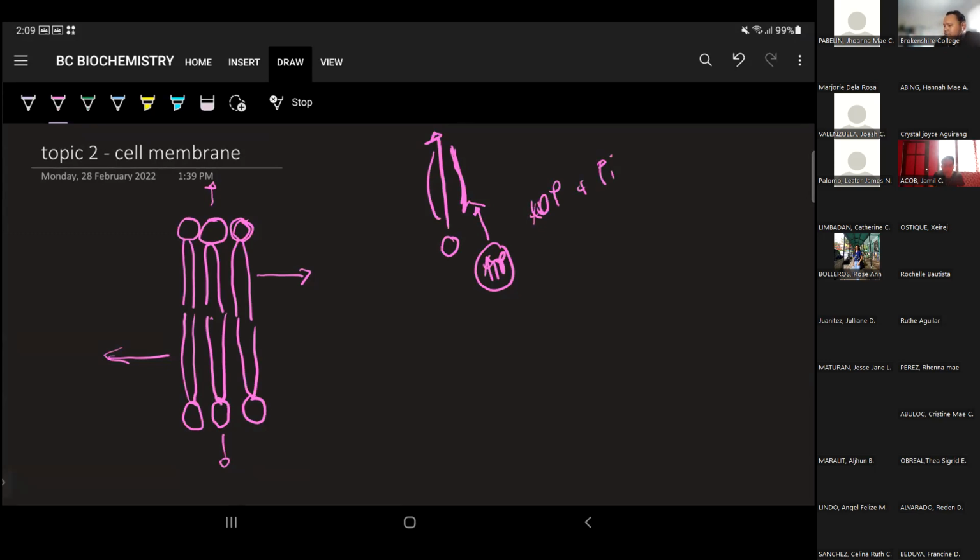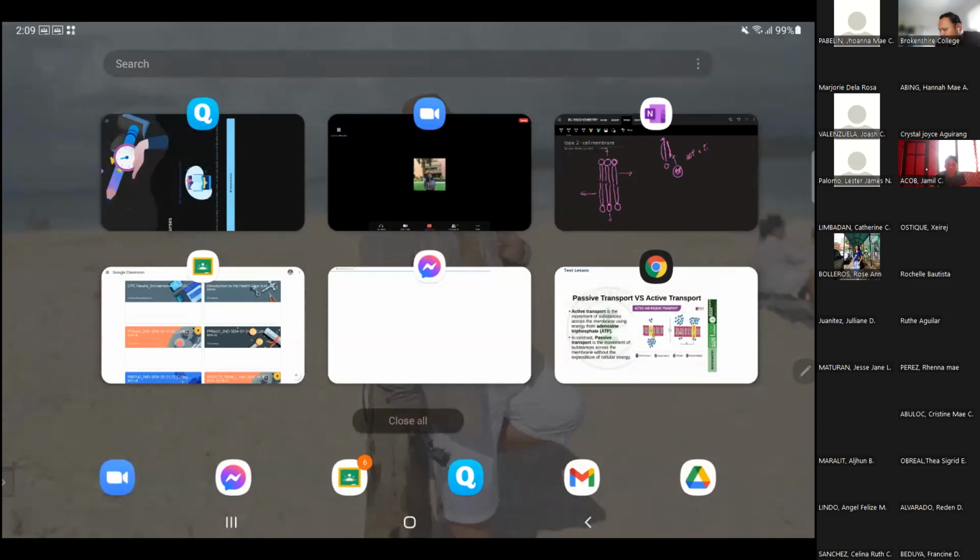And then of course, synthesis of ATP will happen again, undergoing the phosphorylation process para mag-bind yung phosphate group to ADP, forming another ATP. Okay? Nakuha ang process. So, mabi-break down yung ATP once it is consumed.